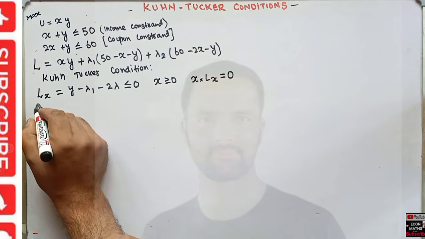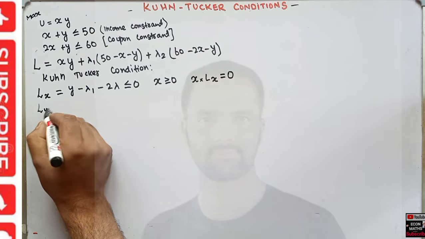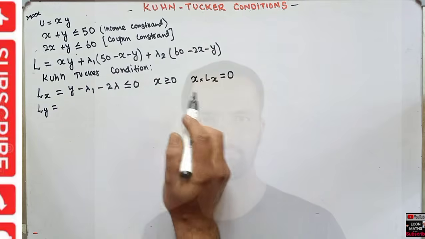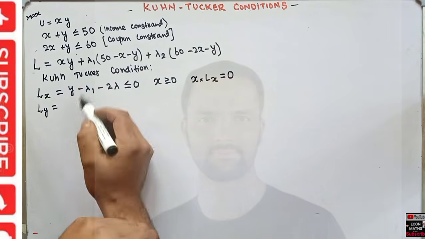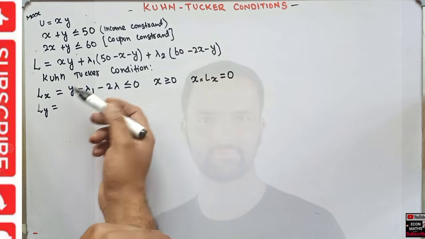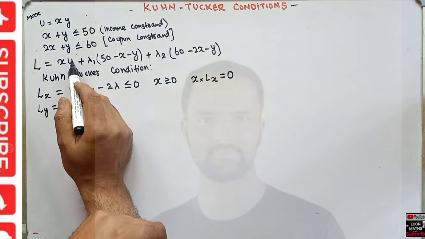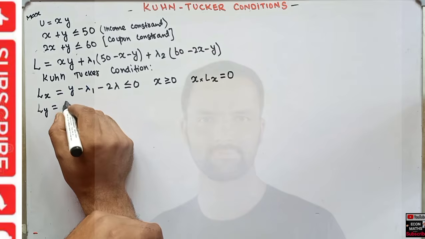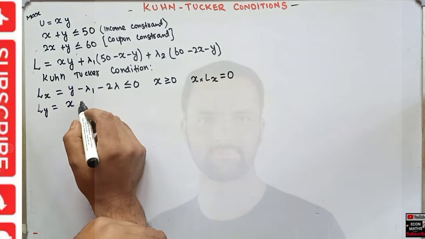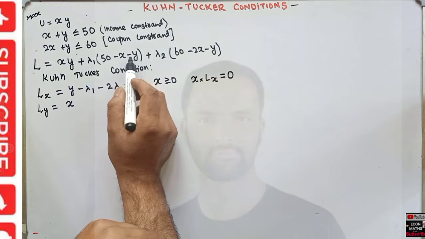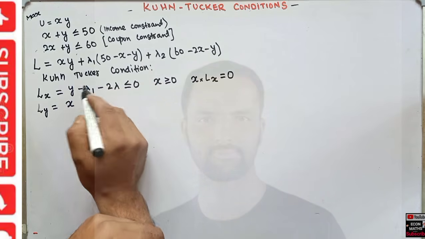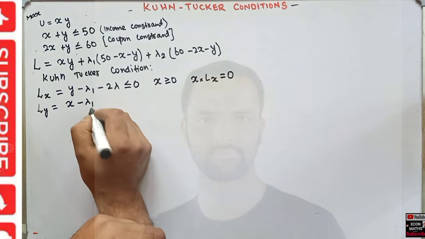Similarly for Ly, that means partially differentiating our Lagrange's function with respect to y will give us, so I will not try to explain. Here the derivative of y will be 1, so we are left with x. Okay, the derivative of y is 1 here. So we have minus 1 here, minus 1 into lambda 1 is minus lambda 1.